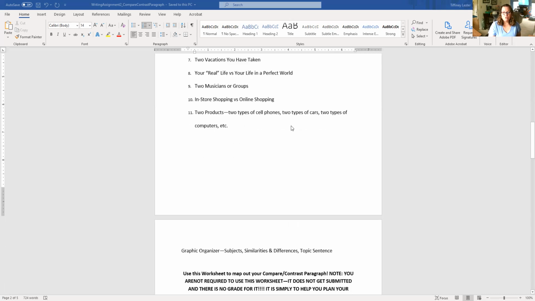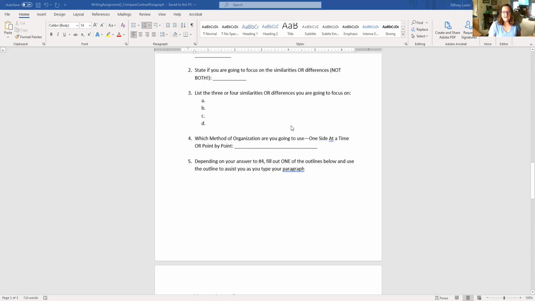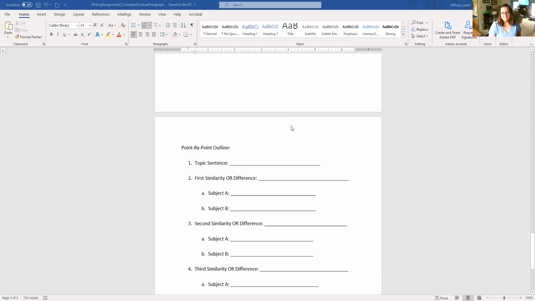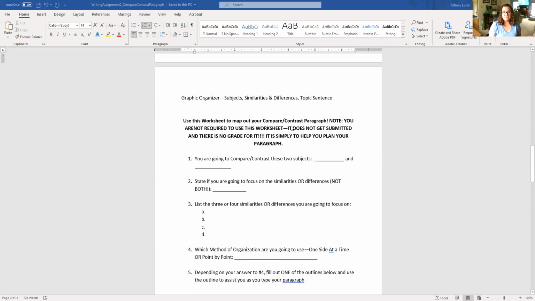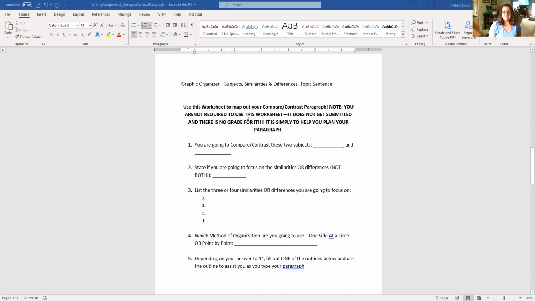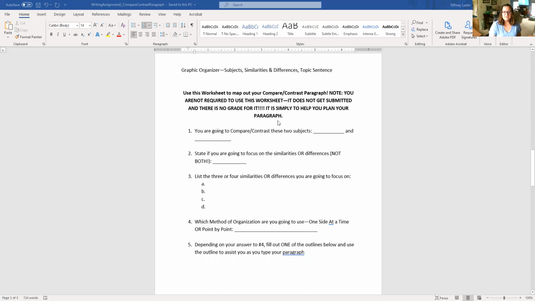Which brings us to the last few pages of this assignment packet. So first we start with a basic graphic organizer. This first worksheet, page 3 of the assignment packet, is just getting you started on the basics of your paragraph.